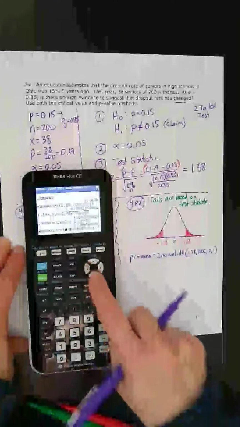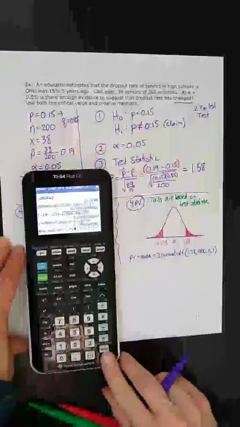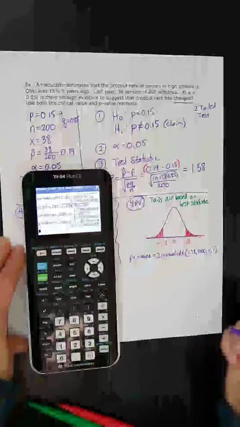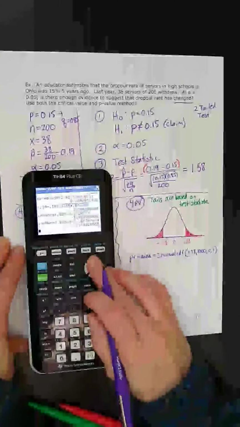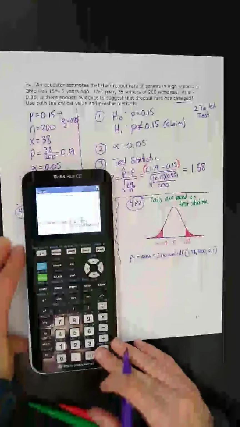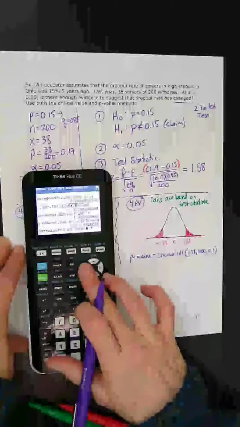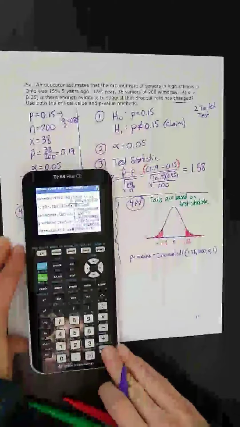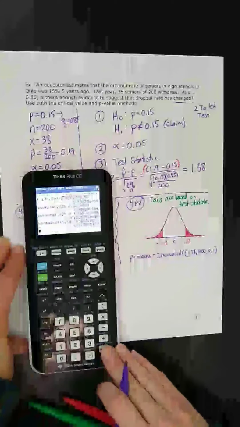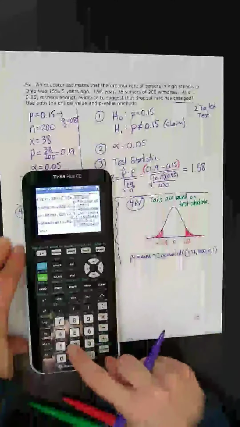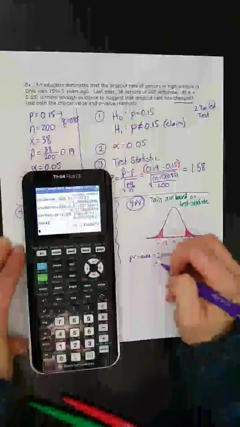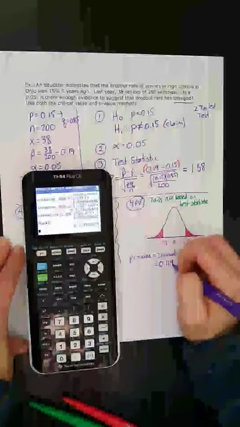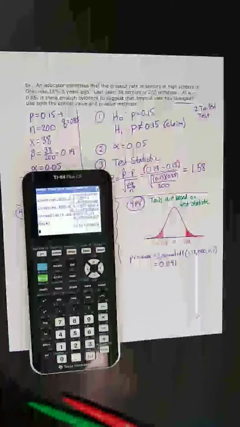So from 1.58 up to 1,000. Oh, sorry. Something's not right. Oh, I have too much in that line. Okay, 1.58 to 1,000. That's going to give me this value, and then I multiply by 2. And I get a p-value of 0.1141.